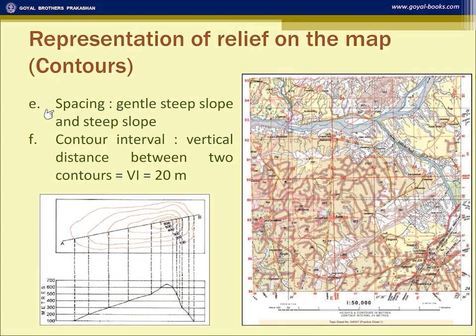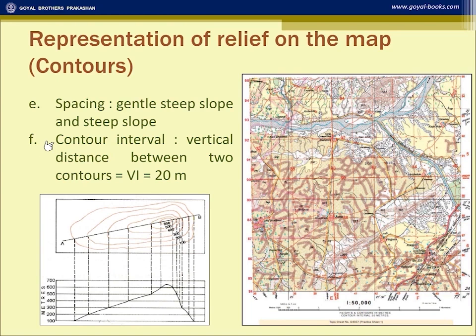Generally, the question that comes on the contour is also on the spacing. You can see that some contours are drawn very close together. On the other hand, some are drawn far apart. This is to show the gentle slope and steep slope.